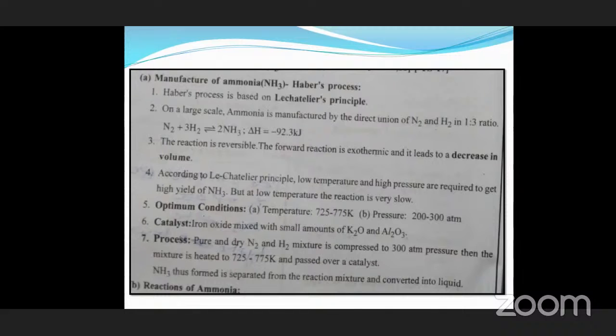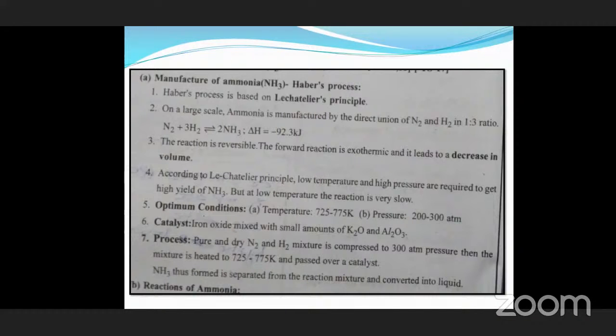Here, in the process, the pure and dry N2 and H2 mixture is compressed to 300 atmospheric pressure. Then the mixture is heated to 725 to 775 Kelvin and passed over the catalyst.